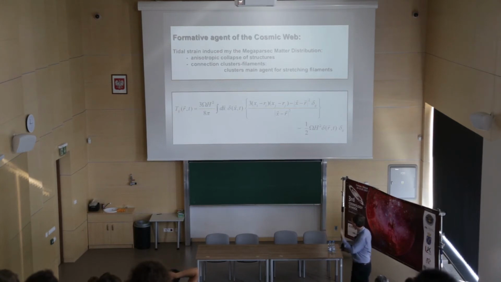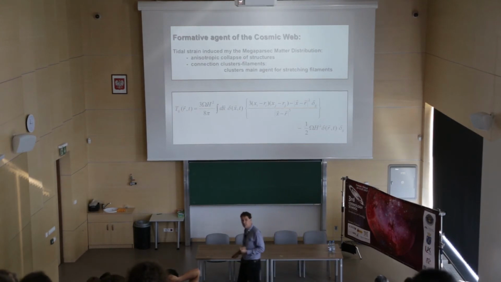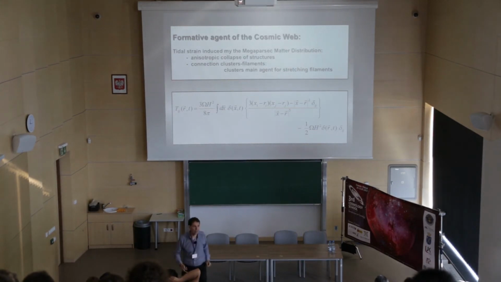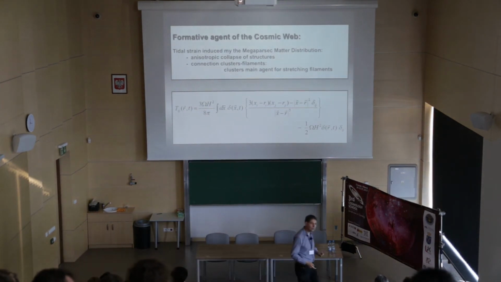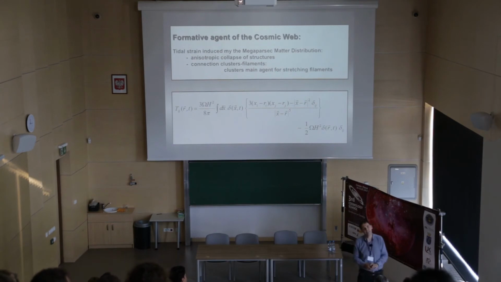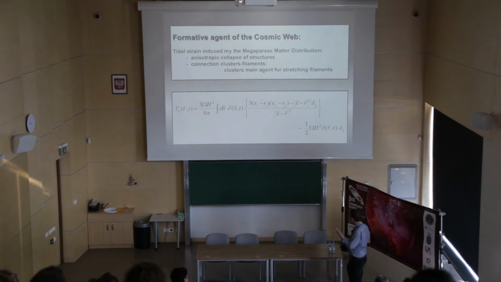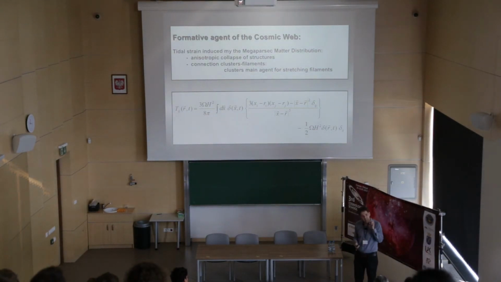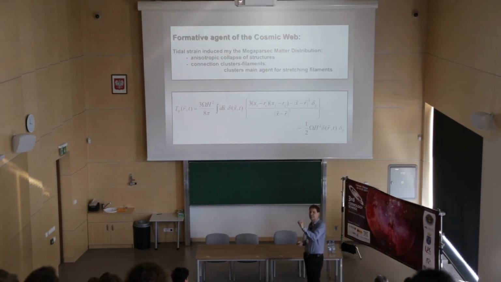And actually there is a technique related to path integrals from high energy physics, which allows you to do this, to calculate this. And it's called constrained fields. It was introduced by Ed Bertschinger. And actually when you use this and translate this, you can actually investigate statistically what you expect.